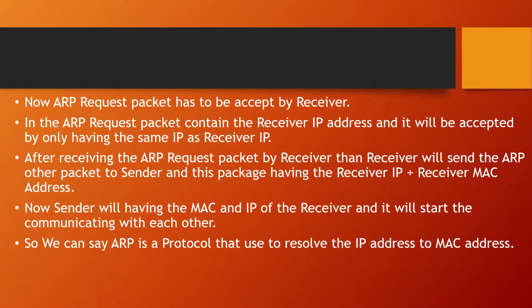This ARP request packet contains the receiver IP, and it will be accepted only by the system having the same IP address as the receiver. If you have multiple systems and your sender is asking for that IP, it can be accepted only by the system which has the same IP address, right? I hope it is clear.